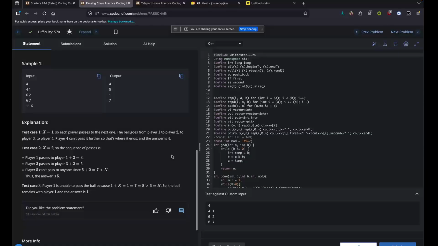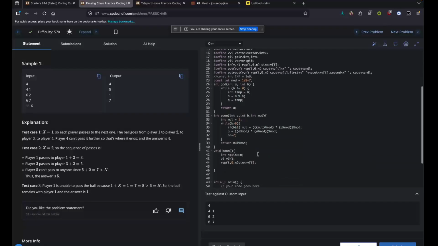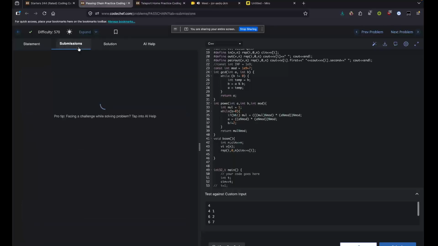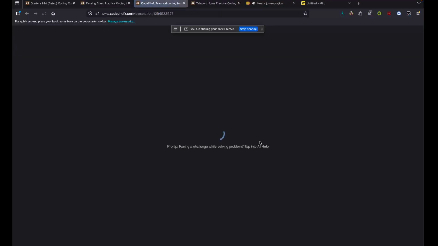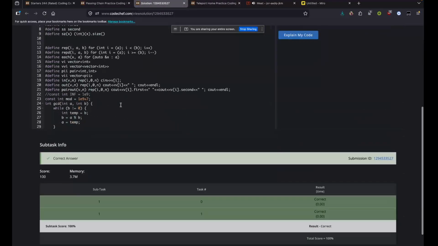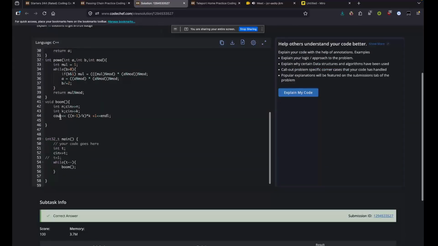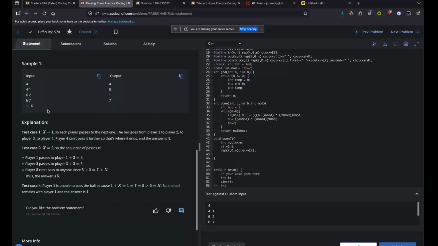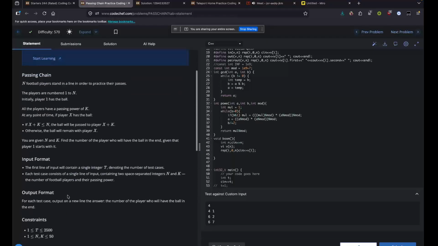Okay, you use the while loop. Yeah, my approach was also similar. In this question the constraint is very small, so you can use the brute force approach.